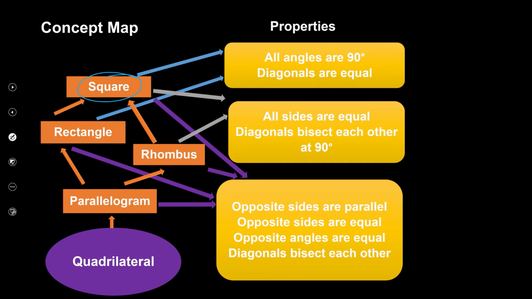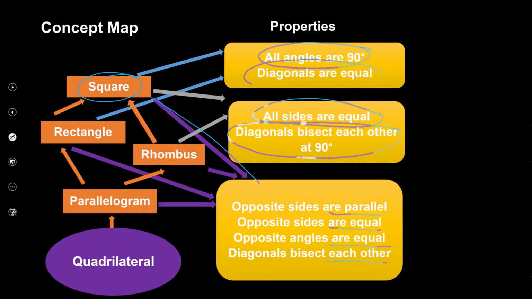You see, firstly, a square can be a parallelogram because it has opposite sides parallel, opposite sides equal, opposite angles equal, and the diagonals bisect each other. But in that, I also know that the sides are equal. I also know that the diagonals bisect at 90 degrees. Lastly, I also know that these angles that are equal, they are also 90 degrees.